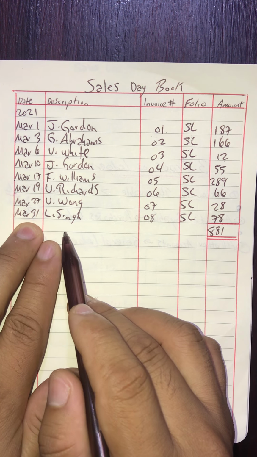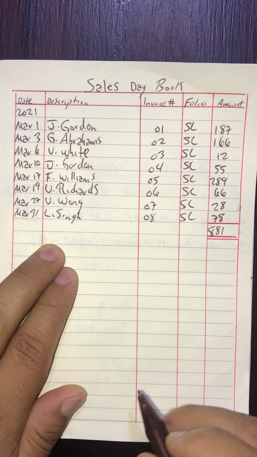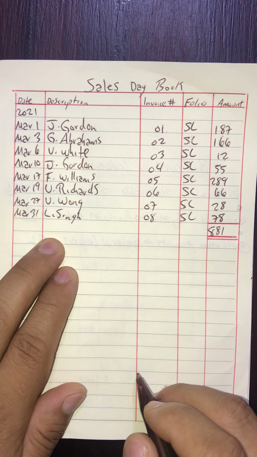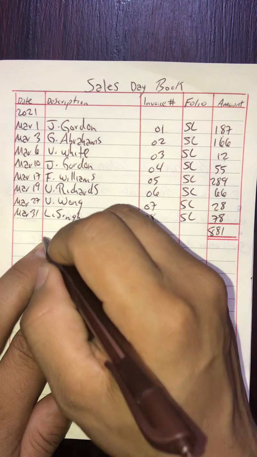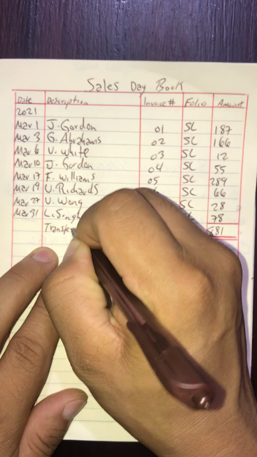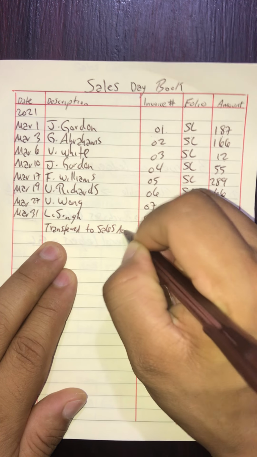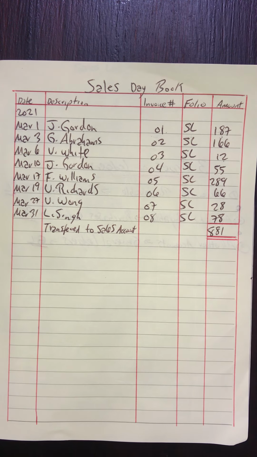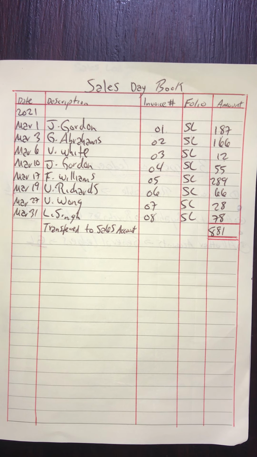We only need a description and a folio, which I will teach you how to do right now. So the description will be transferred to sales account. That is our description.